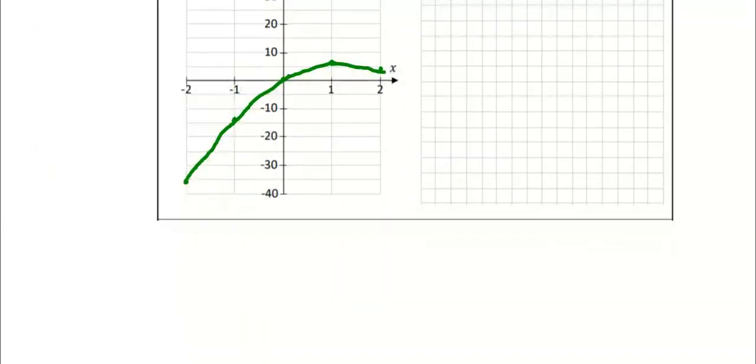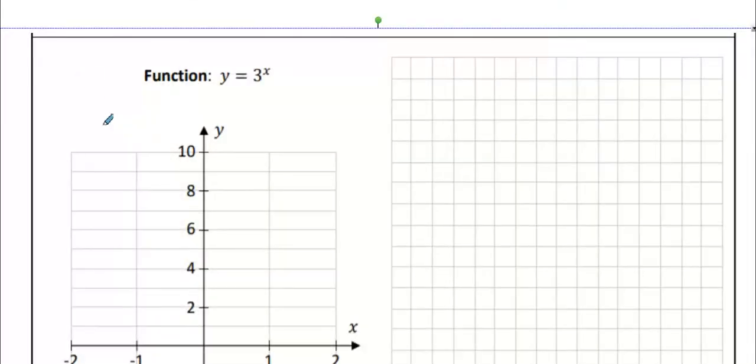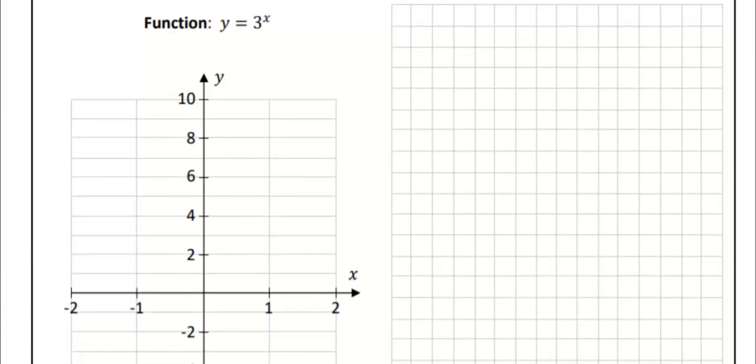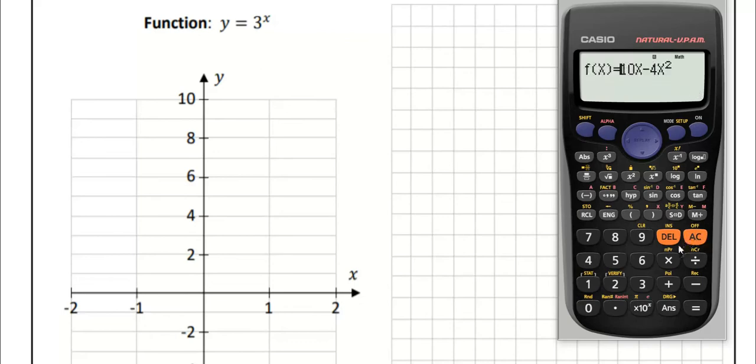Now, next I have to draw the function y equals 3 to the power of x. So once again, do 3, then your power button, to the power of x. Starts at minus 2, ends at 2, step of 1.